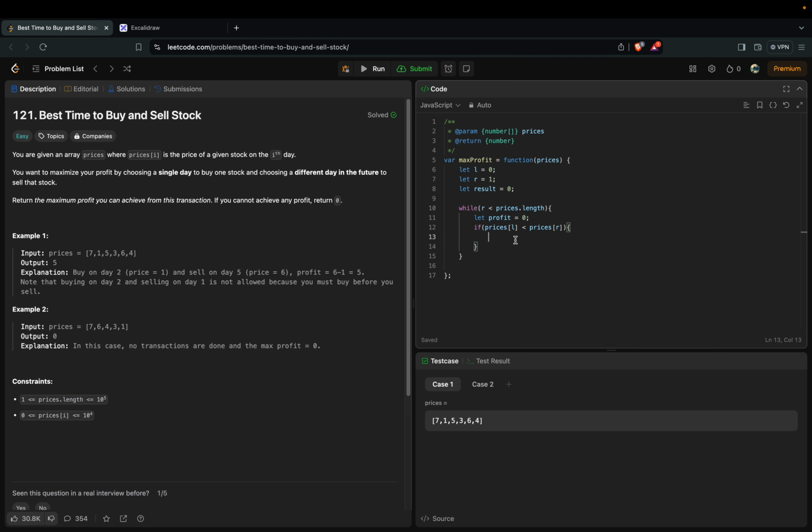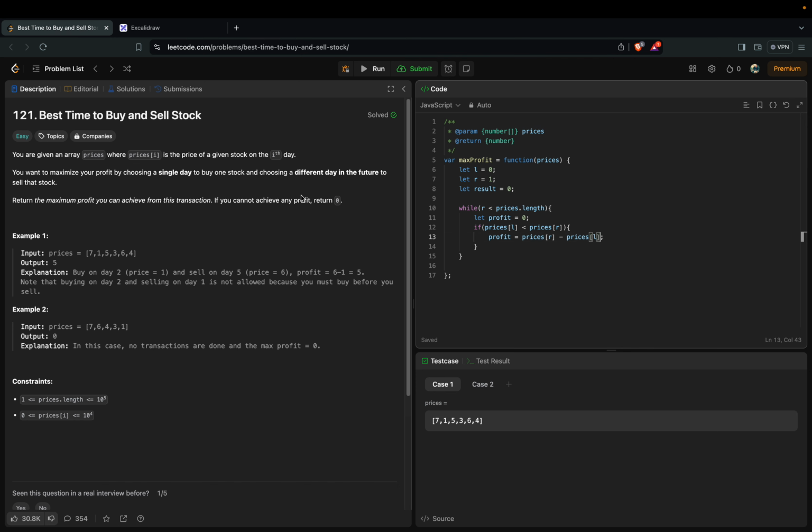So we would calculate the profit as right minus left.